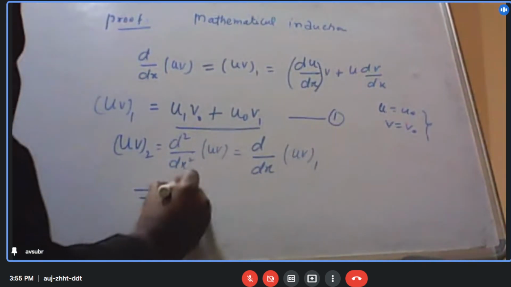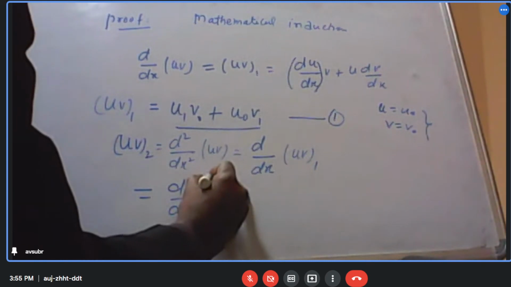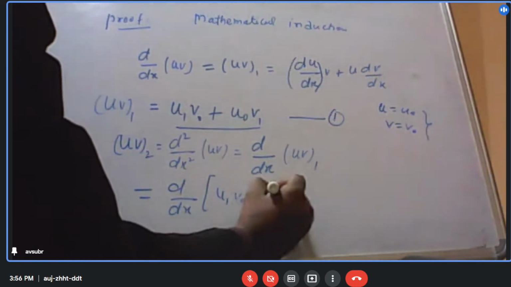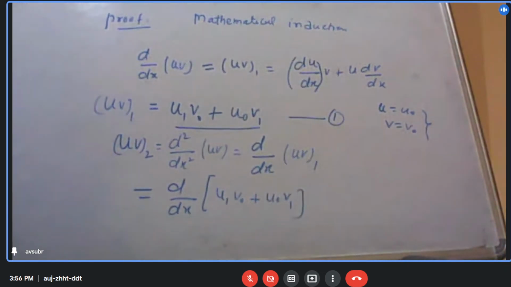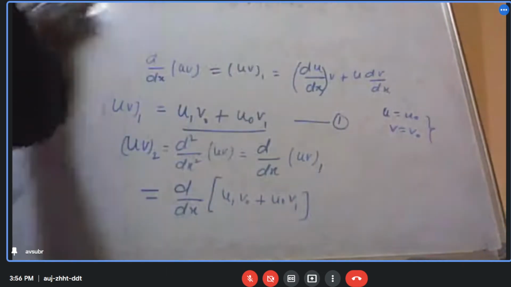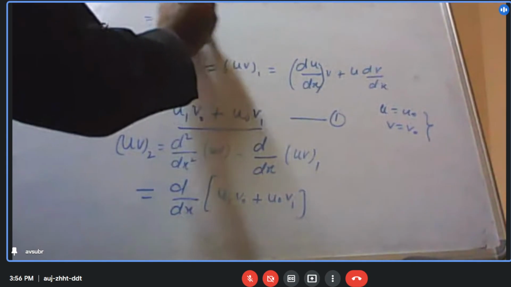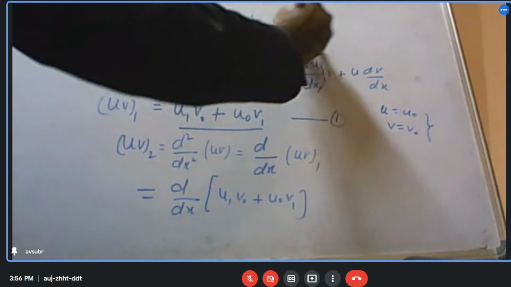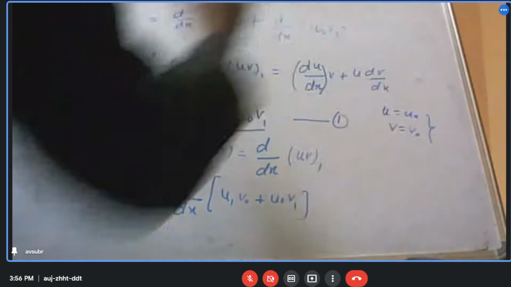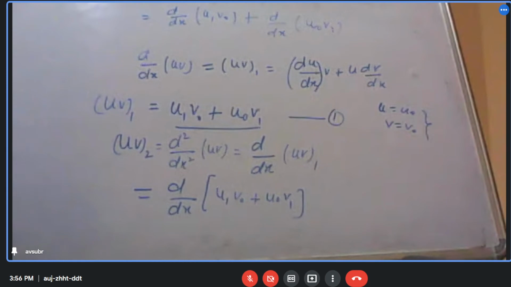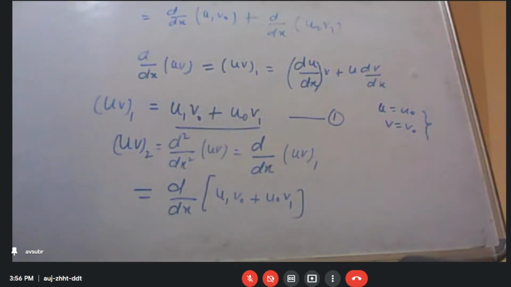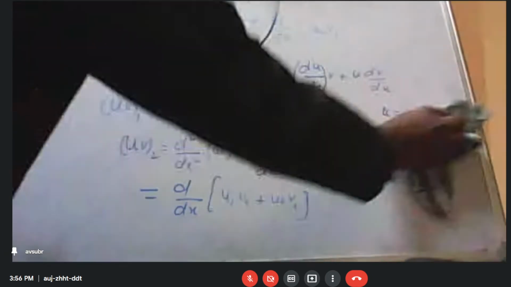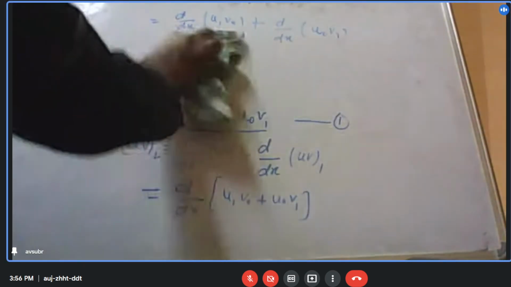So this will be d/dx of u1 v0 plus u0 v1, or d/dx of u1 v0 plus d/dx of u0 v1, which is equal to u2 v0 plus u1 v1 plus u1 v1 plus u0 v2. Again we will count.